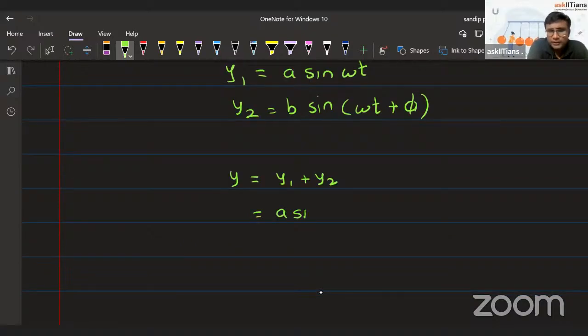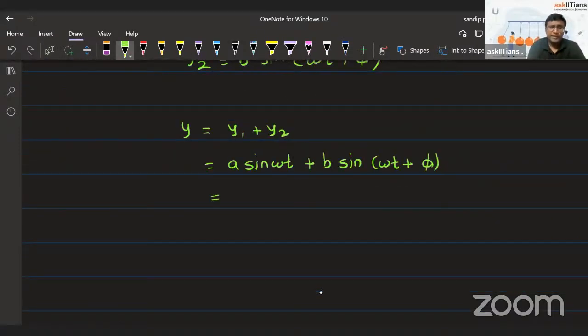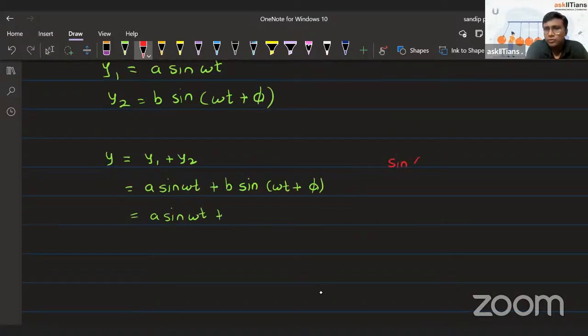A sine omega t plus b sine (omega t plus phi). Now we just have to derive this a little bit. So I can say this is a sine omega t plus, and now here we are going to use the sine (a plus b) formula. What is the sine (a plus b) formula?